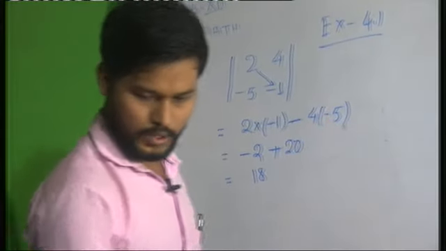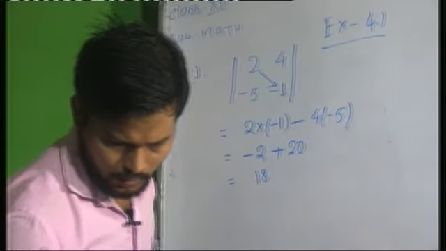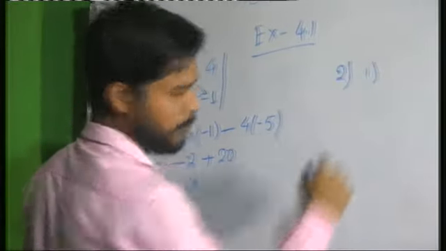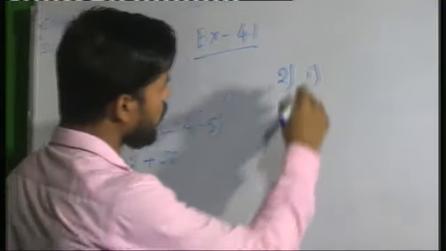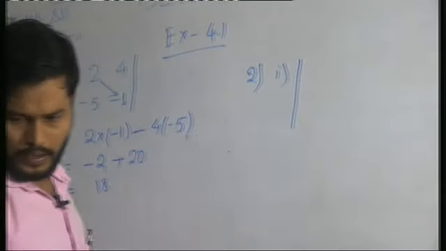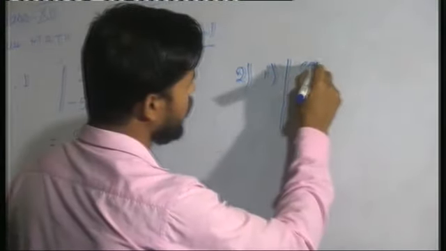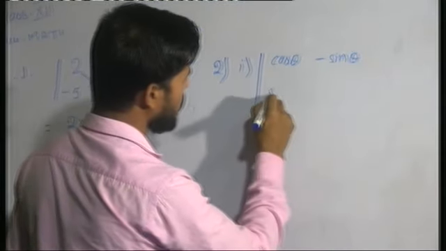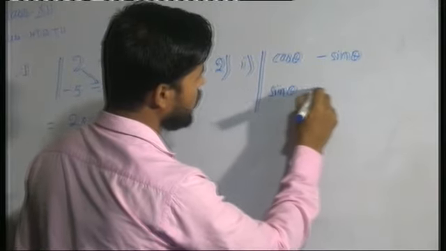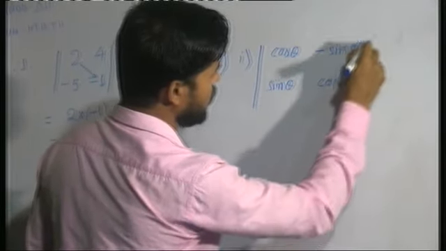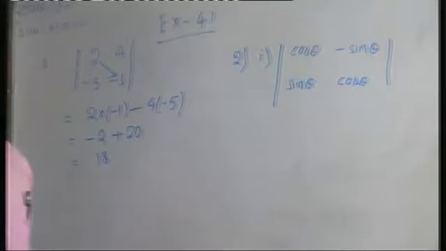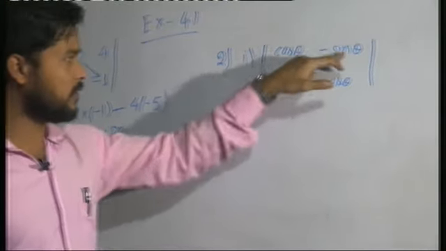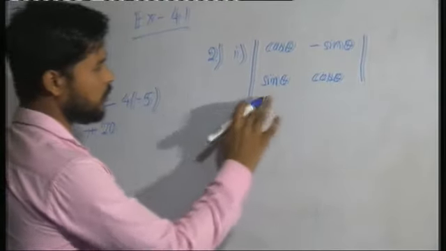Okay, now question number 2. We have to determine the value of the determinant cos theta, minus sin theta, sin theta, cos theta. The rule is the same. We multiply these two corner elements, minus these two elements.